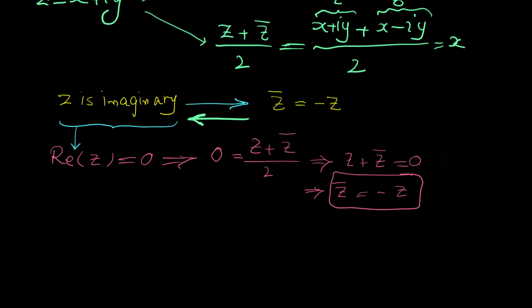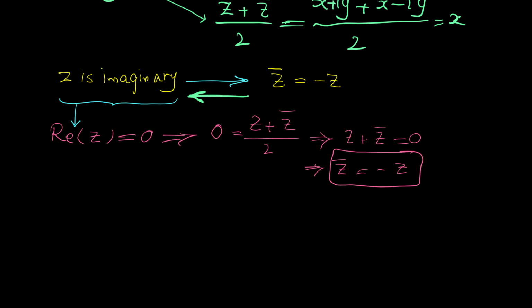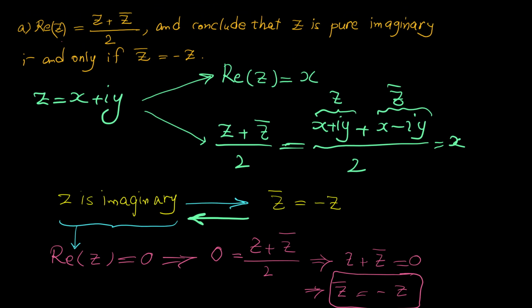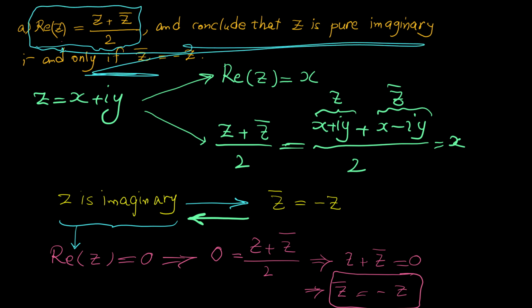So we want to prove that if z conjugate is equal to -z, then z is pure imaginary. But how do we prove this? With the aid of this identity. Attention, we want to prove this based on the identity that we have proved here.